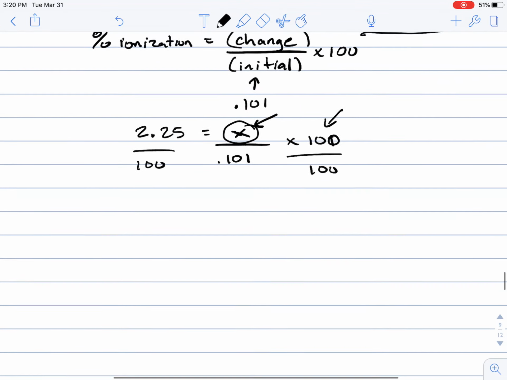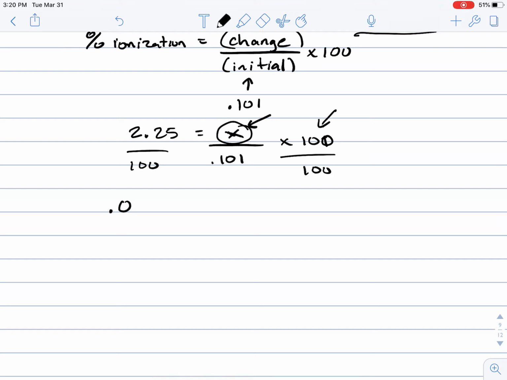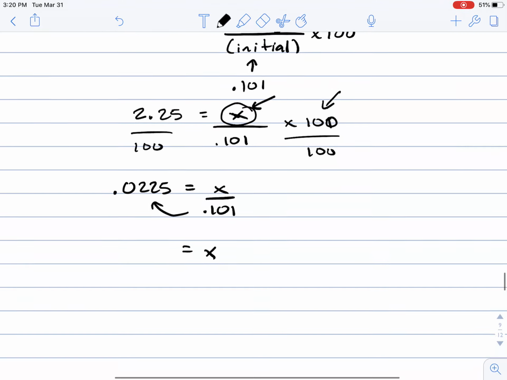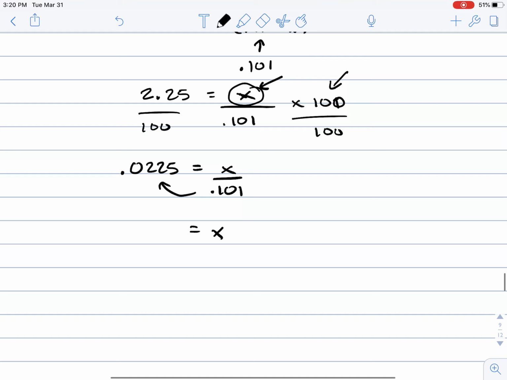That gives us 0.0225 equals x over 0.101. To solve for x, we multiply that value to the other side, and the answer we get is 2.27 times 10 to the negative 3.